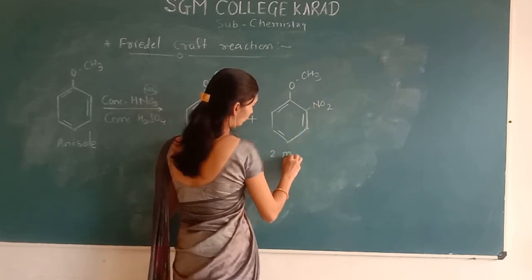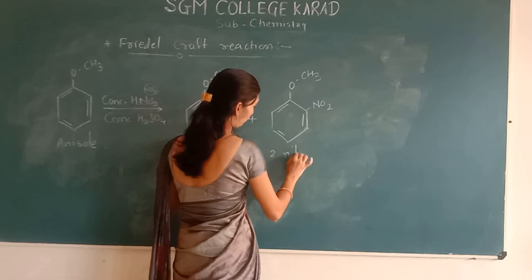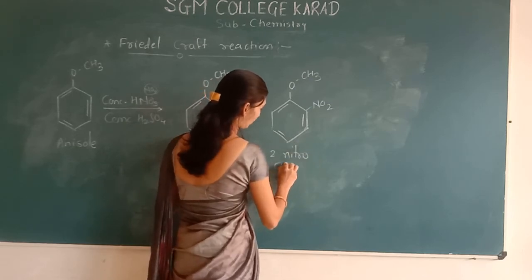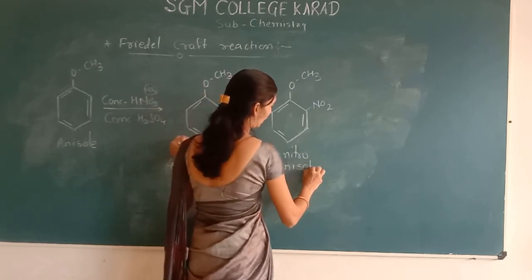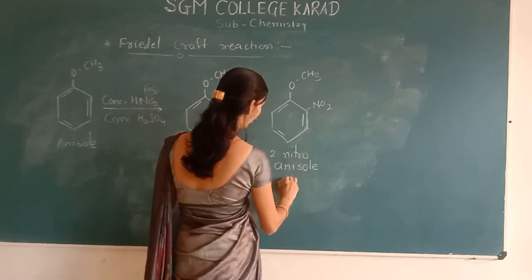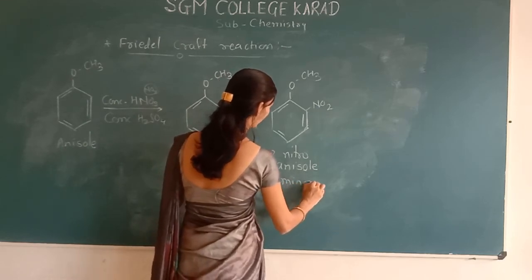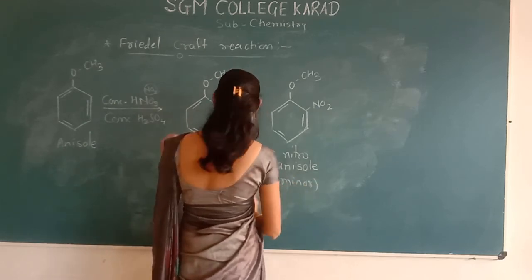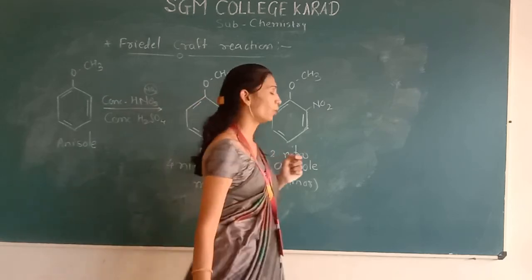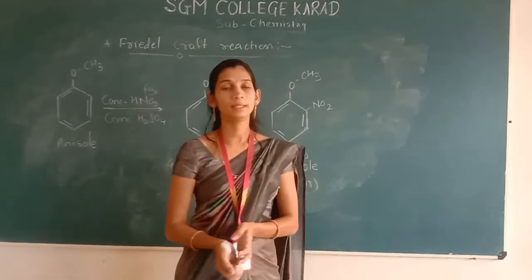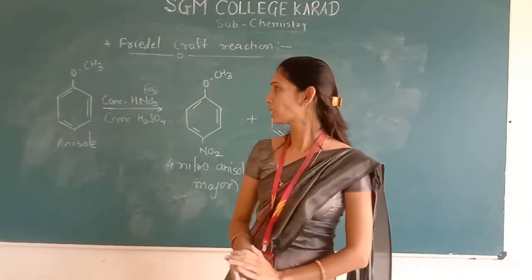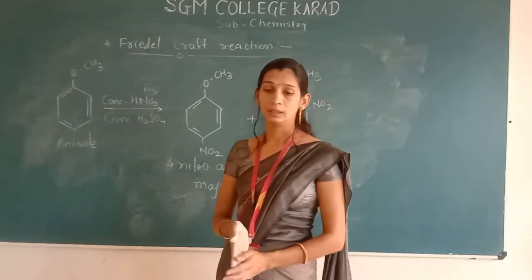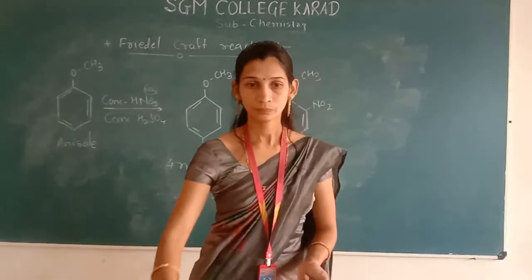Therefore, 2-nitroanisole, it's a very minor product. Now, these are the different reactions of the ethers.